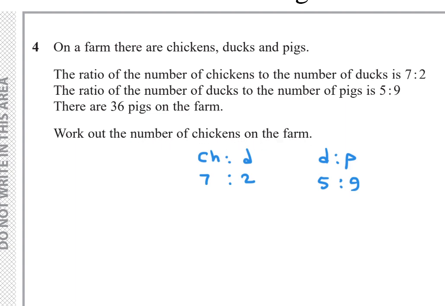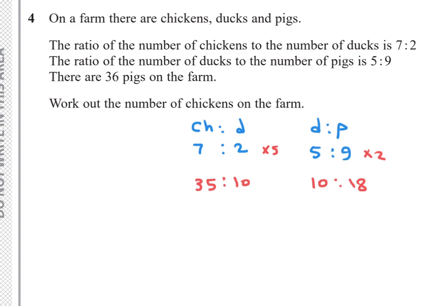We have two ratios. Ducks are common in both, but for ducks we have 2 parts in the first ratio and 5 parts in the second ratio. So we need the number of parts for ducks to be the same. So you can multiply the first ratio by 5 and the second ratio by 2. Now you have 35 to 10 and 10 to 18.